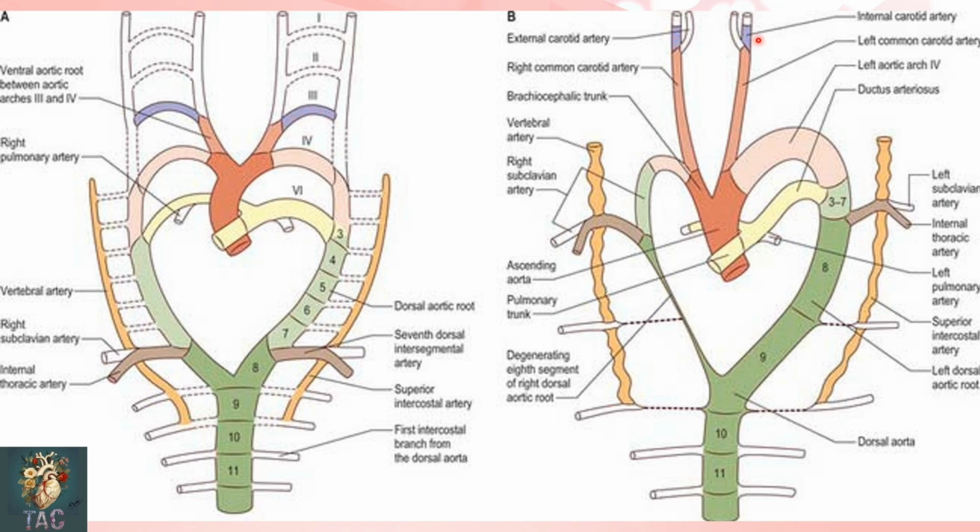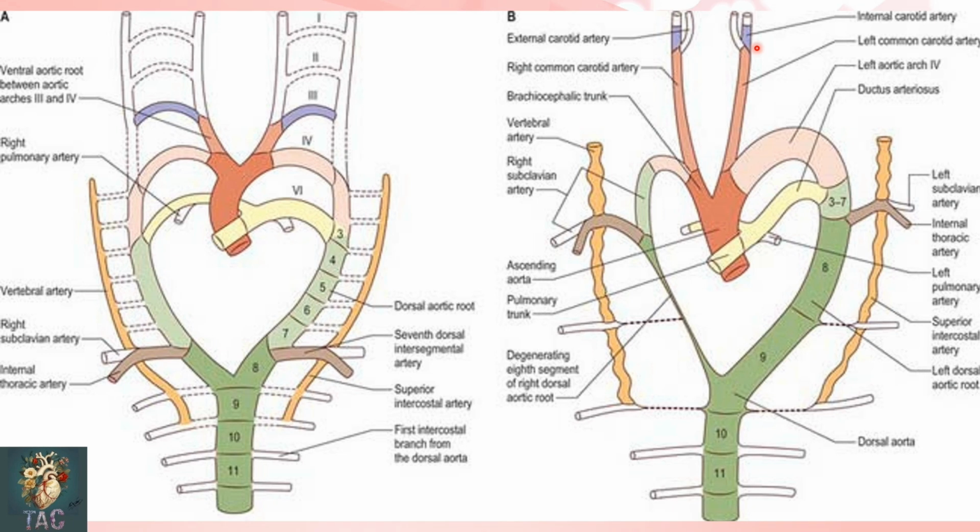Here you can see in this diagram as well. This is a junction formed by the ventral aorta between the third and fourth aortic arch, and it will form the common carotid. And from this junction a sprout appears which will form the external carotid. So remember, this is common carotid, this is common carotid.